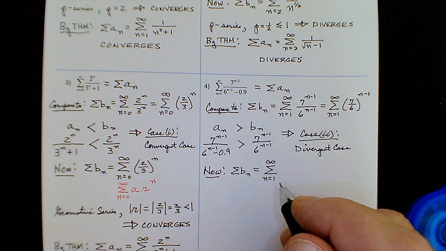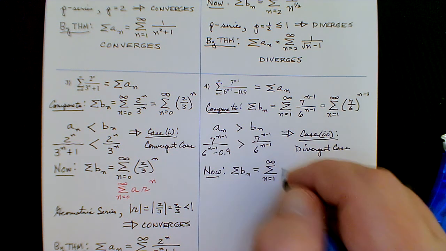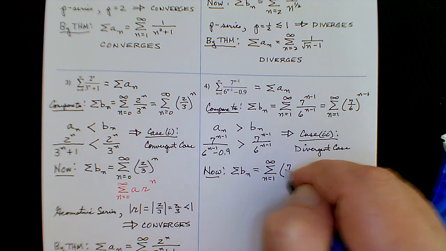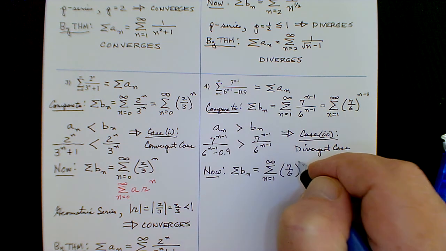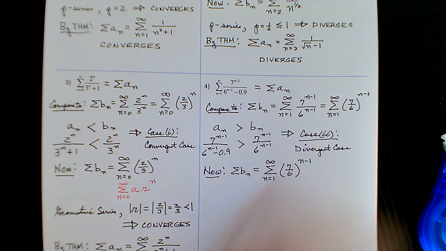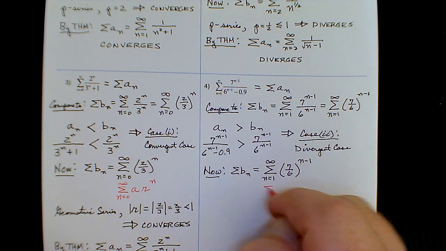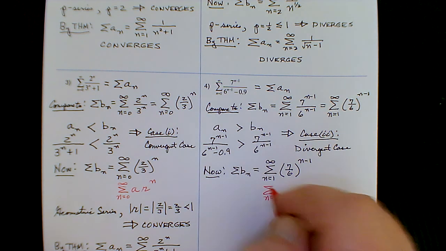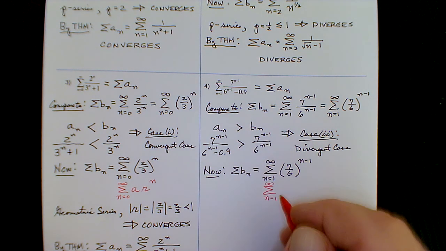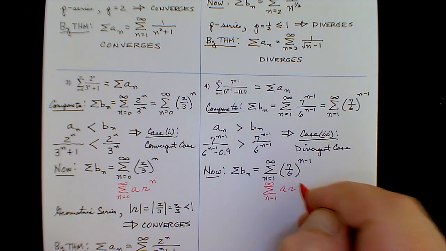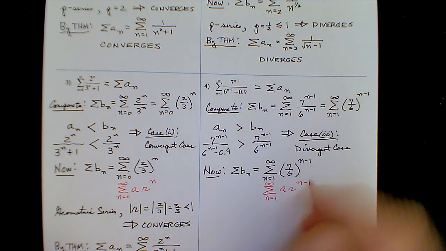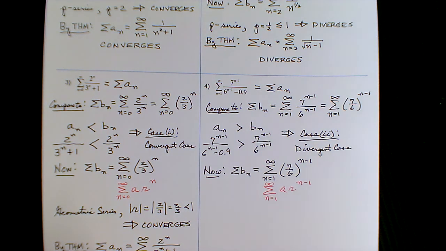So the sum of the b sub n, sum as n goes from 1 to infinity, use the geometric form, 7/6 as a quantity to the n minus 1th. Make sure it matches with the standard geometric form. If n starts at 1, the form should be ar to the n minus 1th, and it is.